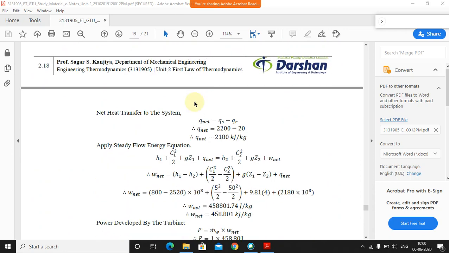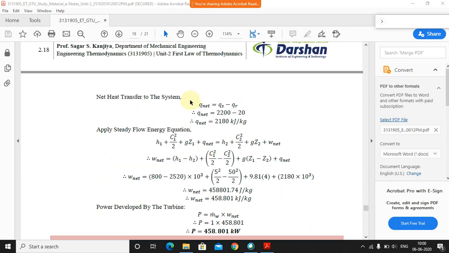So just write down. First, what we need to calculate is the net heat supplied, that is Q net. So how to find it out? Q net is the net heat transfer to the system, which is equal to the heat supplied minus the heat rejected, so it will be Qs minus Qr.